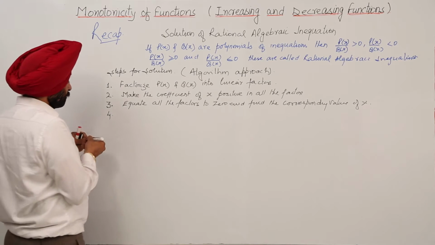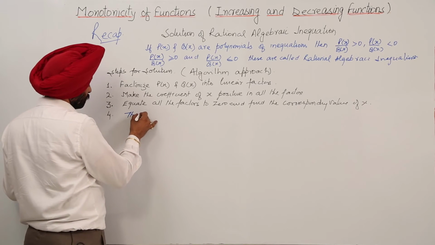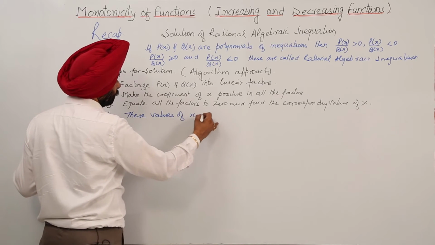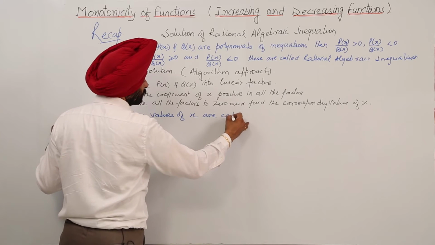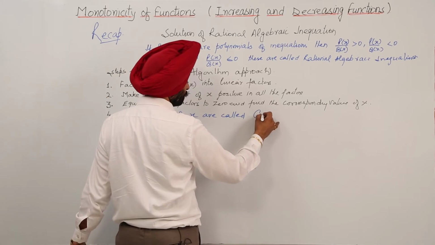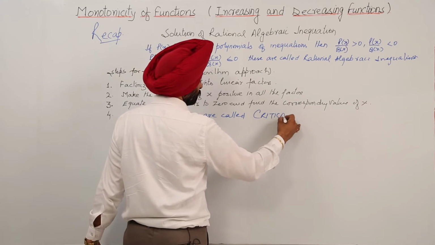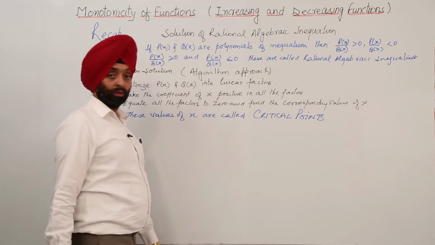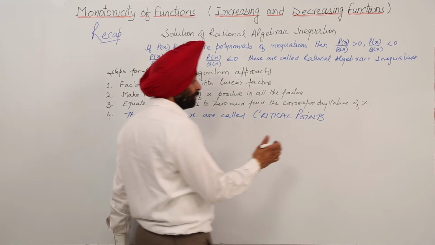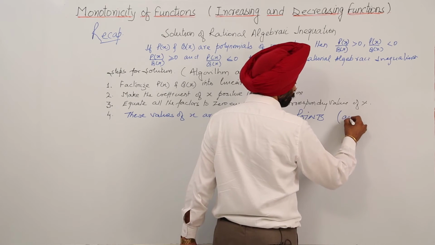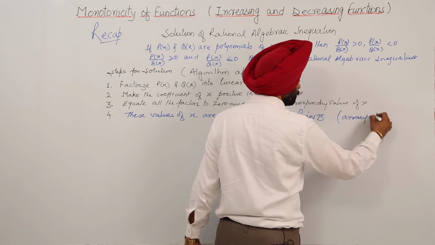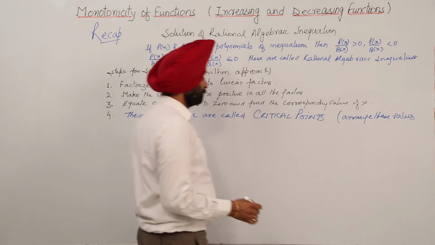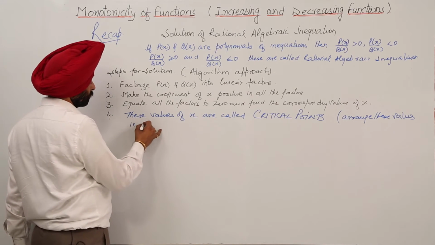These values of x are called critical points. These are also called critical values, and arrange these values in ascending order.